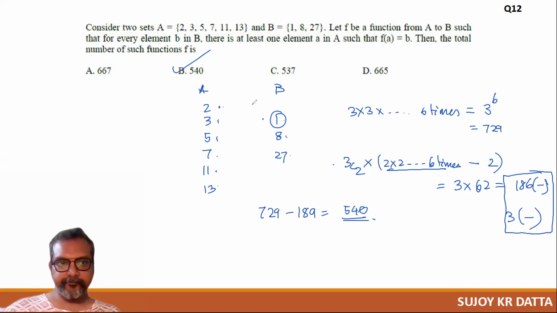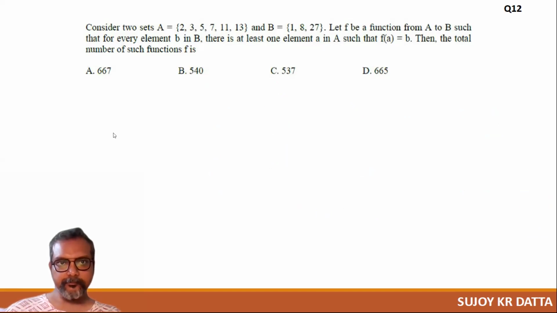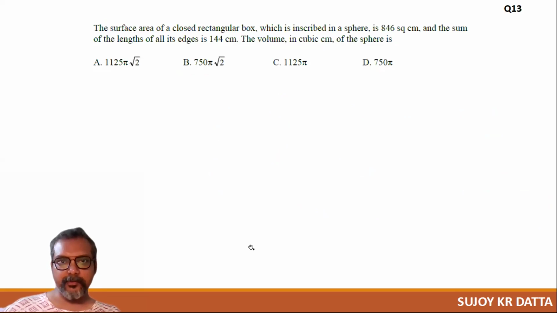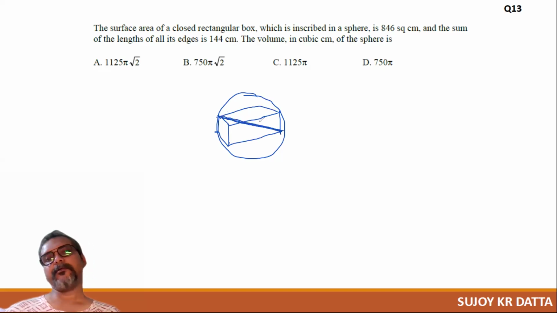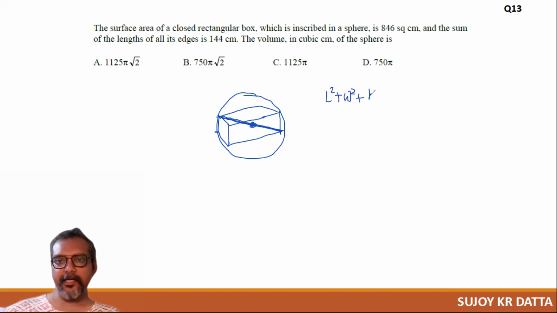Let's go to the next one. The area of the closed rectangular box which is inscribed in a sphere. So that means the body diagonal of the rectangular box will be the diameter of the sphere. So the body diagonal is the square root of length square plus width square plus height square.